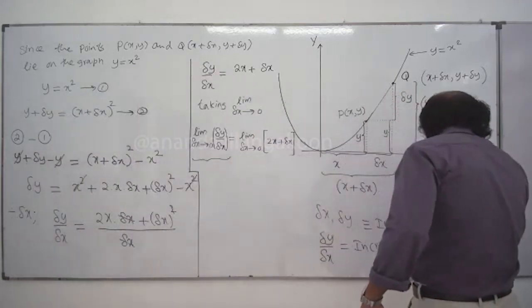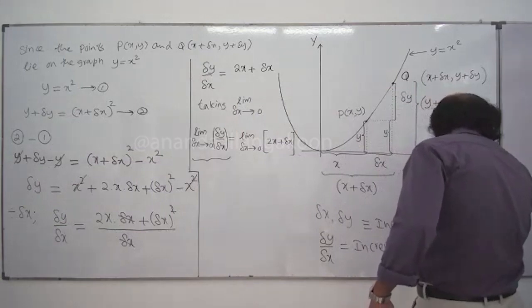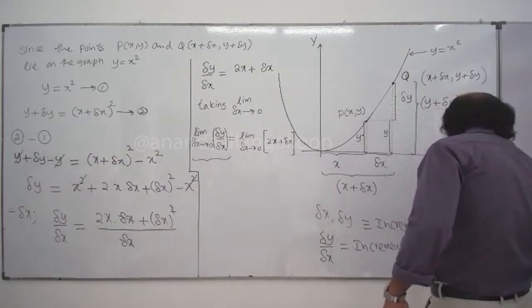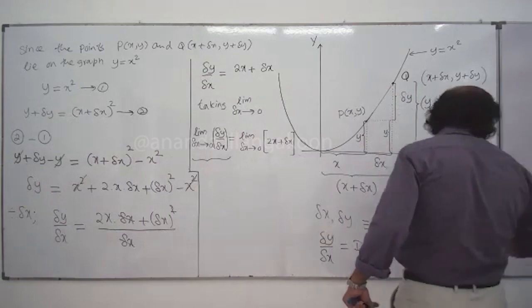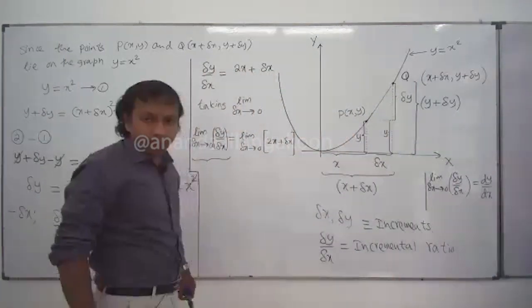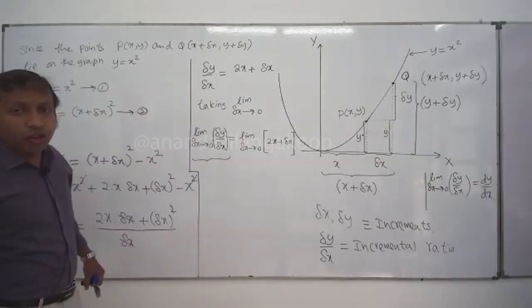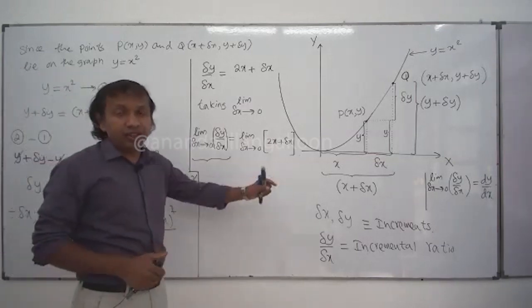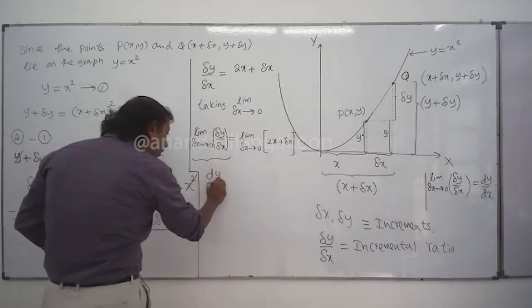Understand? So limit delta x going to 0, delta y by delta x, we denote by the notation dy by dx. Okay, it is called the derivative of y with respect to x. So then I can write it for this one, dy by dx.